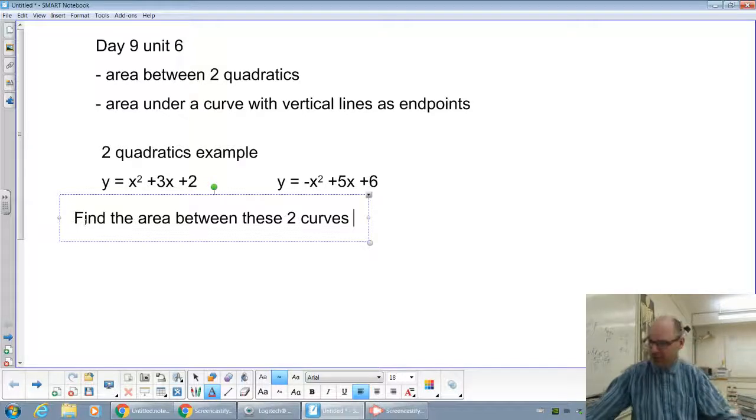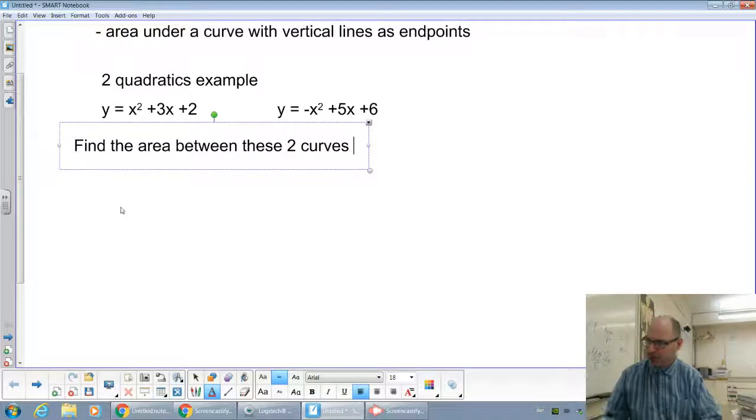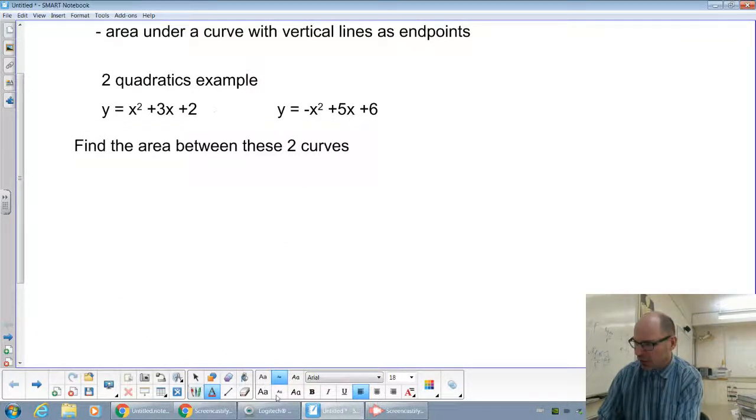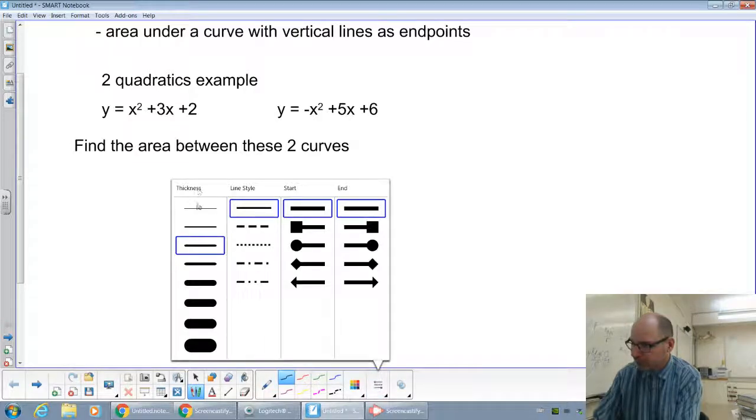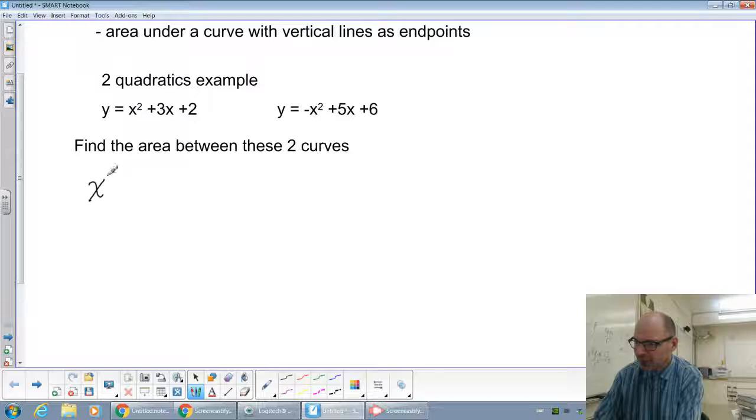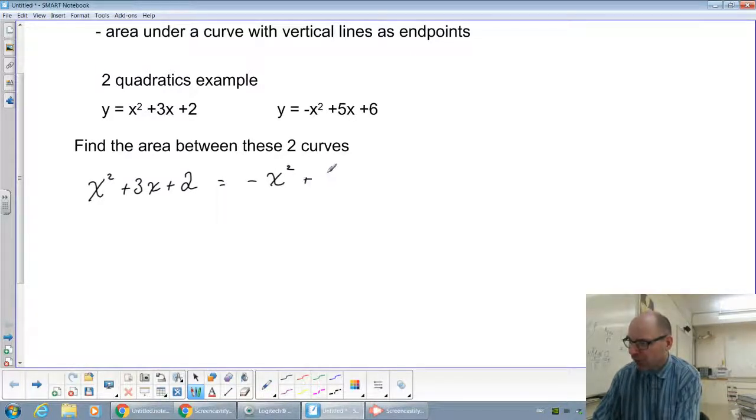Let's go ahead and let's find those two intersection points. So this is going to equal the other one. Okay, so let's take our marker out here. Okay, so x squared plus 3x plus 2 will equal negative x squared plus 5x plus 6.